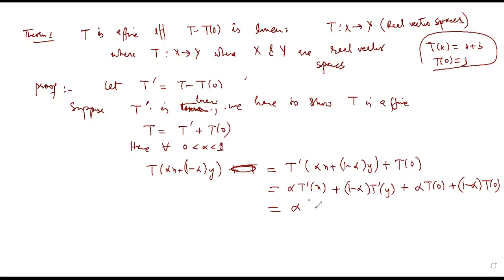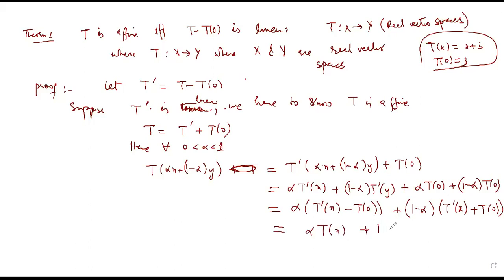Now this can be written as alpha into T dash of x plus T of 0 plus 1 minus alpha into T dash of y plus T of 0, which by my definition should be alpha T of x plus 1 minus alpha times T of y, sorry यहाँ y होना चाहिए. So ये भी affine है ना? So this is true for all alpha.